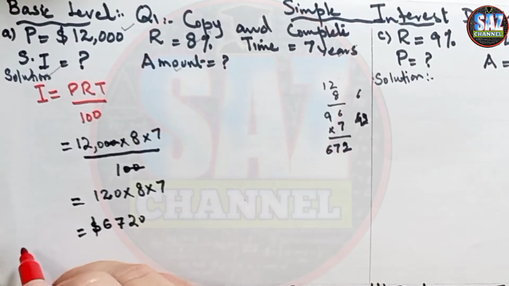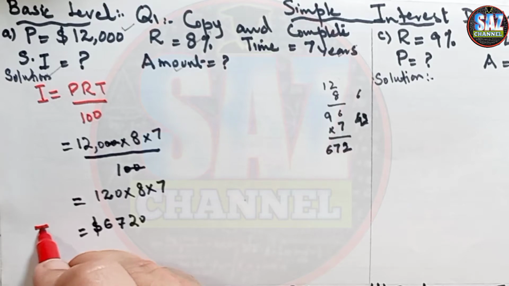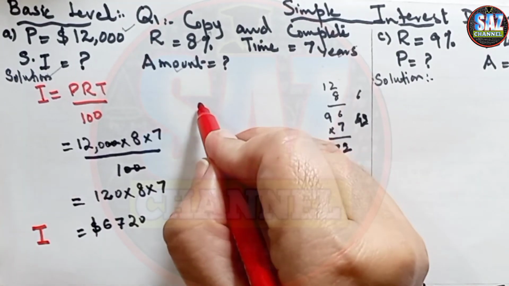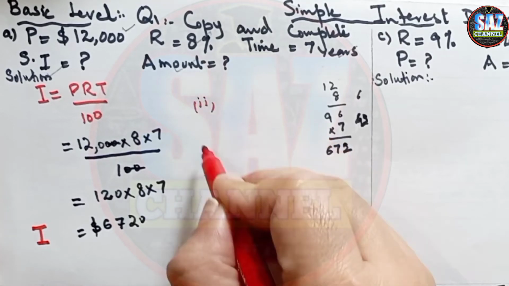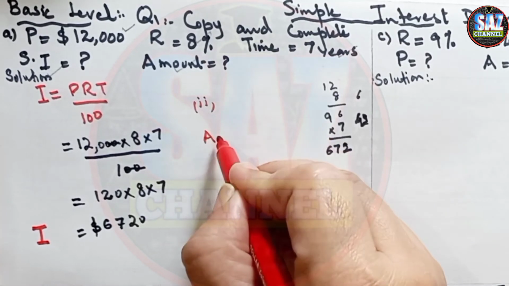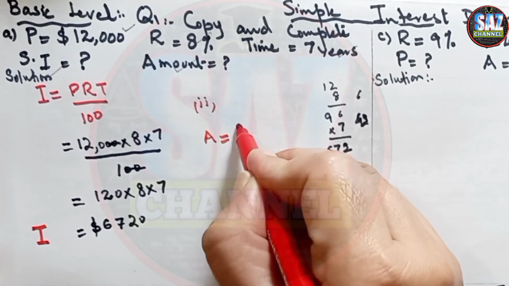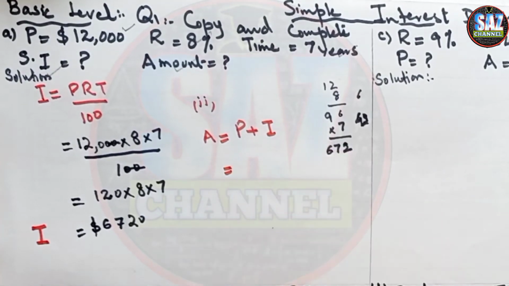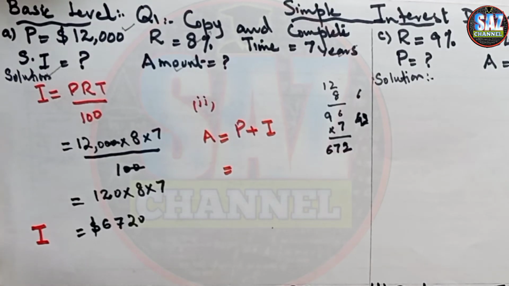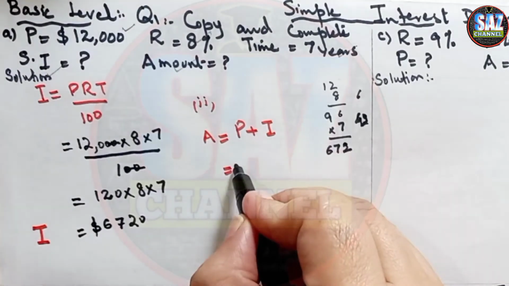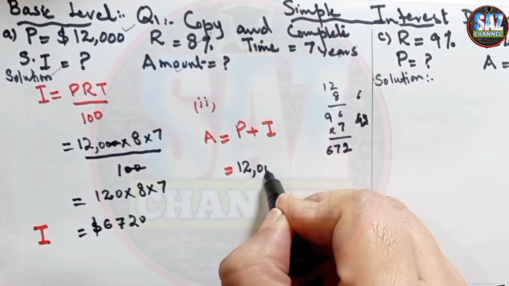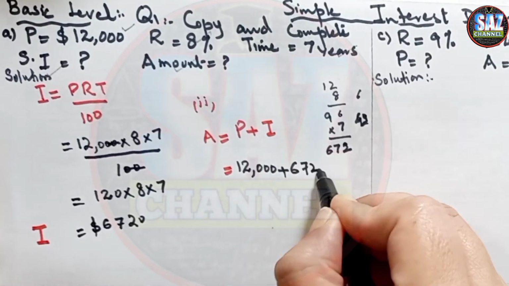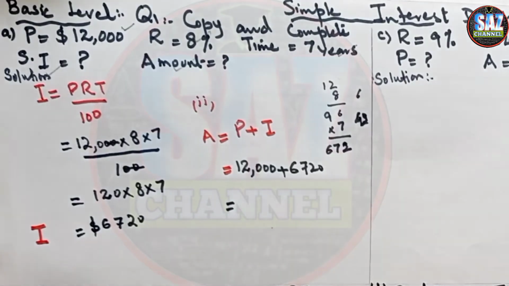The first unknown, the simple interest I, we have calculated, and now the second unknown of the question is the amount, and we know that the formula for the amount is principal plus interest. Instead of the principal I have to replace 12,000 plus 6,720, and now let me add them up carefully.